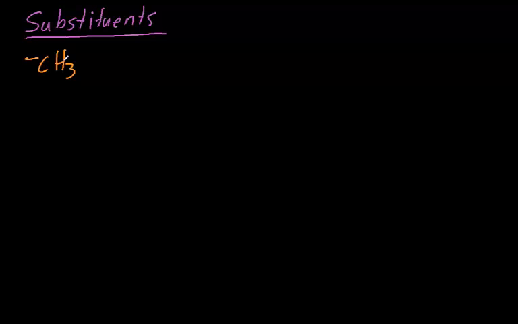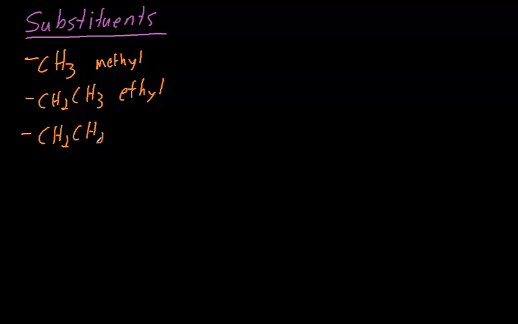The first one we're going to talk about is the CH3 substituent, which is the methyl group. Then we have CH2CH3, known as the ethyl group. We have CH2CH2CH3, known as the propyl group.